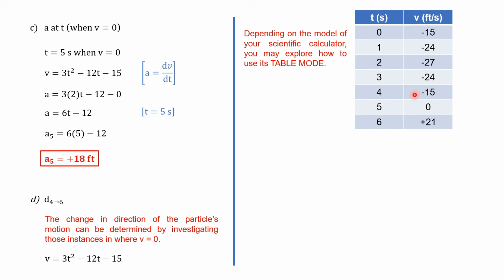So, makita nato diri na at 4 seconds, nag-travel siya directed sa negative direction, and then nag-stop siya momentarily sa 5 seconds, and then nagbalik siya o move at time is equal to 6 seconds, pero this time, moving to the positive direction na siya. So, based sa result, na ay change of direction na nahitabo, so therefore, we have to consider also that change of direction sa pag-compute nato sa distance.